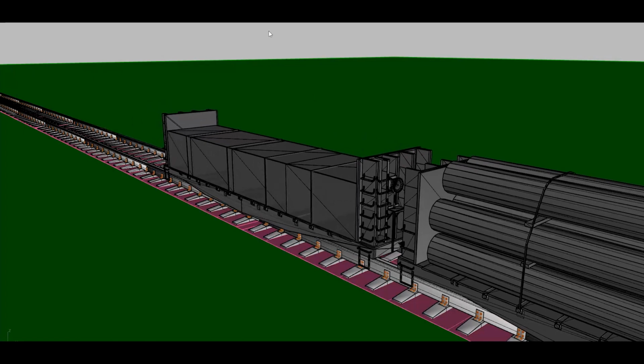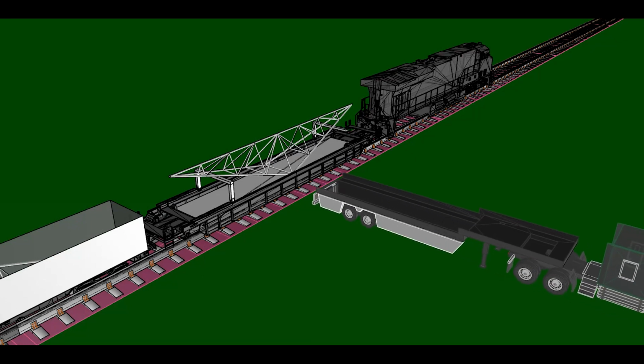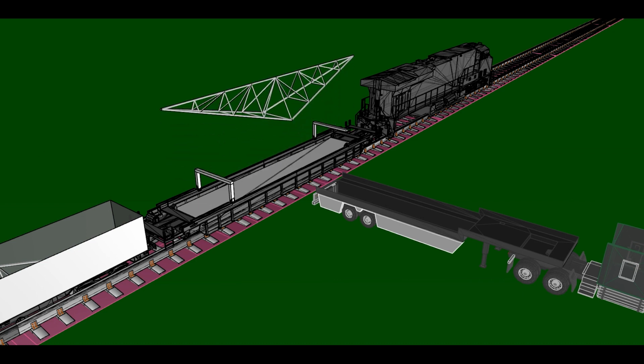Rail transport provided an efficient means of moving these large components over long distances, minimizing the risk of damage and ensuring timely delivery. From the rail depot, the components were transferred again by trucks, equipped to handle heavy loads, for the final leg of the journey to the USAFA grounds.